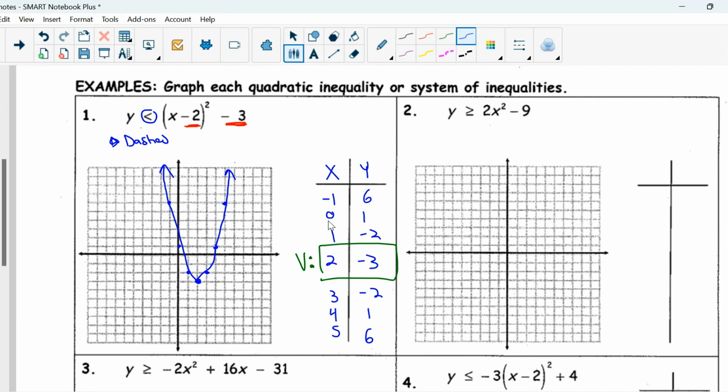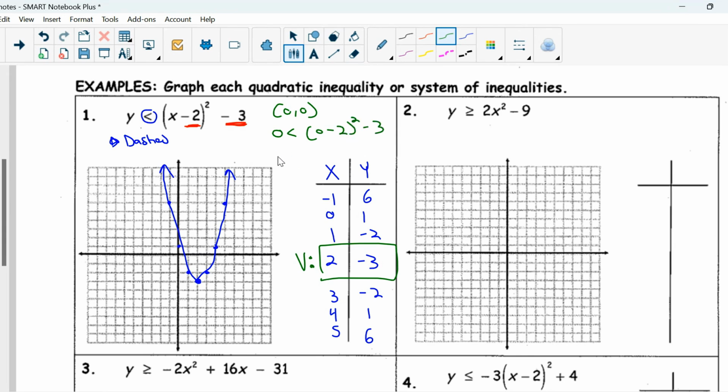Okay, so from here, we have to go ahead and test a point. So we might as well test 0, 0. In this case, 0, 0 is on the outside of our quadratic. So testing 0, 0, we've got 0 is less than 0 minus 2 squared minus 3.